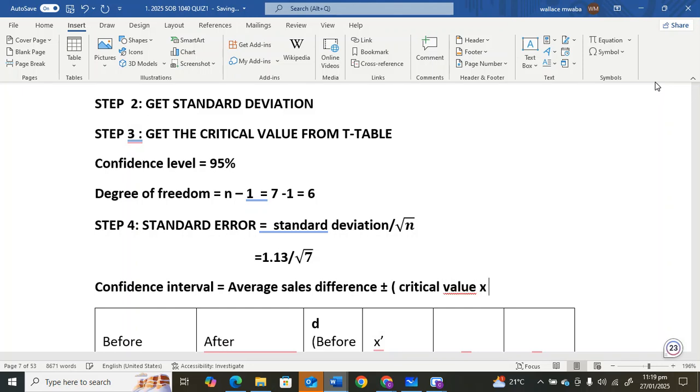Colleagues, what are we getting? Okay, they're in the same range.